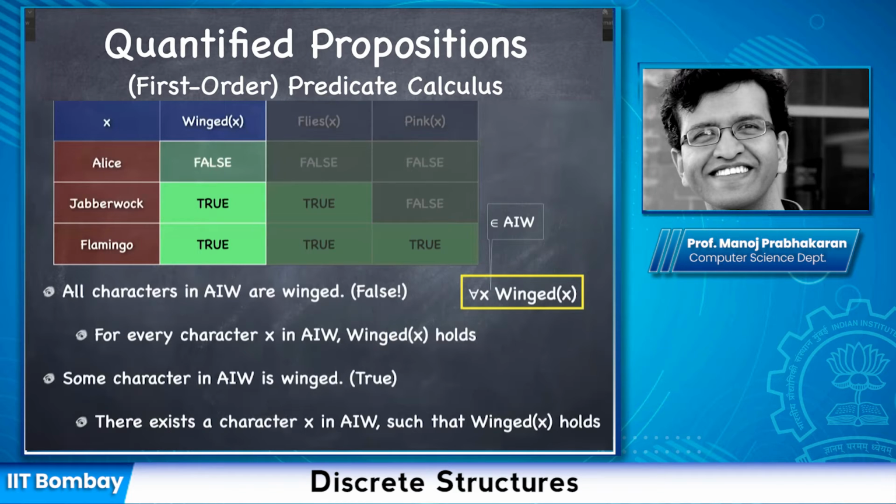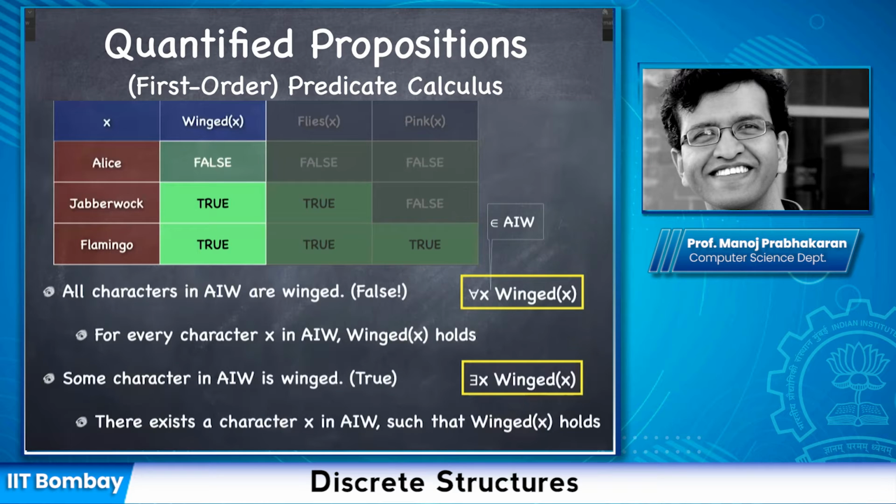So there is some value you can substitute for X from the domain such that winged X holds. And in notation, this looks like, the inverted E you would read as there exists. So there exists X such that winged X.